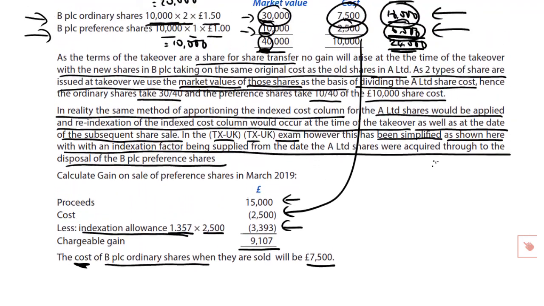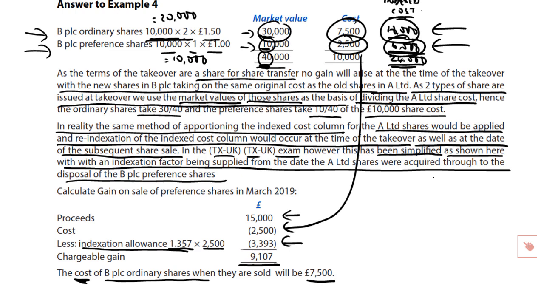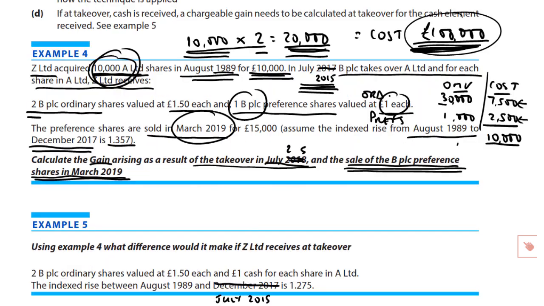So very important when dealing with such a question to get your head around the chronology, the timing of what goes on. Often what you might get in a question here is that you are told that in March 2019, going back to the question, Z Limited disposed of its preference shares held in BPLC for £15,000.